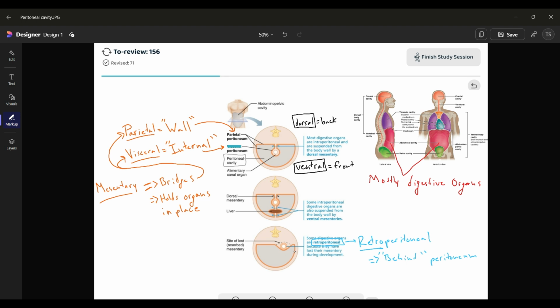The last thing that we have in this bottom portion of the image is sometimes when you have an organ like this, as you develop, the mesentery might get resorbed, kind of taken up back into just this tissue behind the peritoneal cavity. And so when that happens, the organ actually sits behind the peritoneal cavity. So it's no longer within it, but it's kind of just on the other side of it.